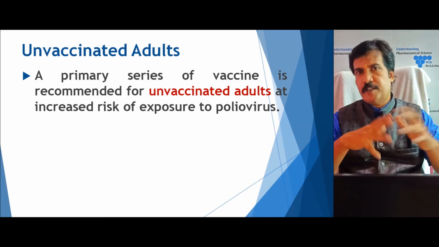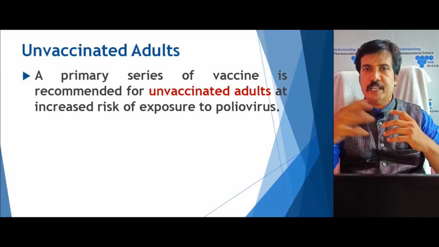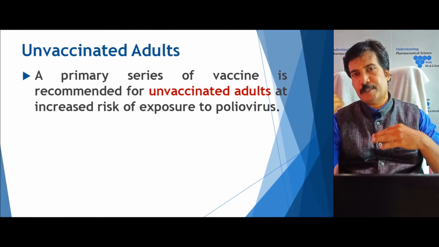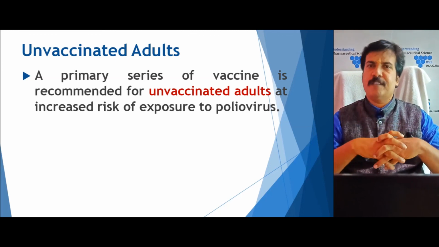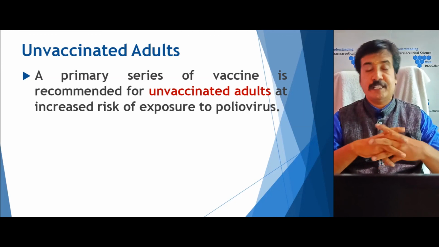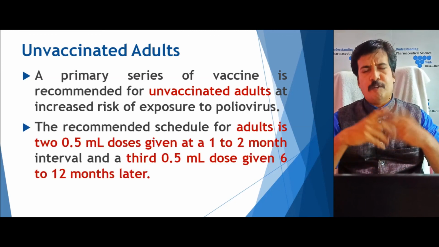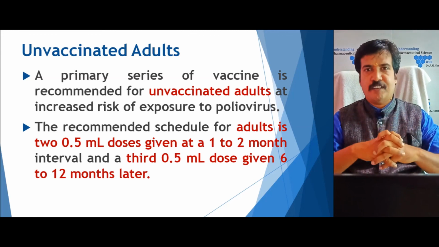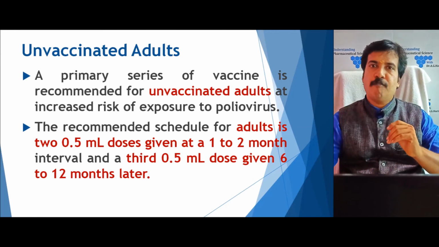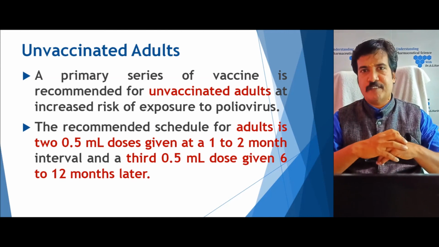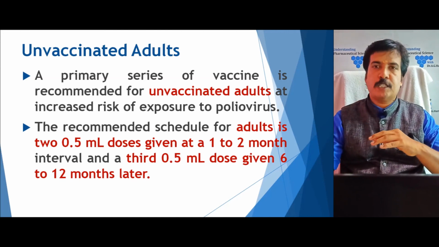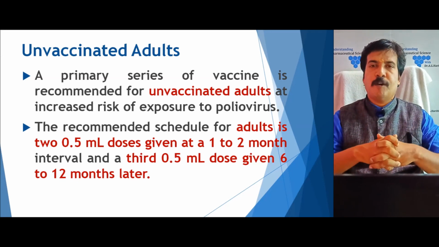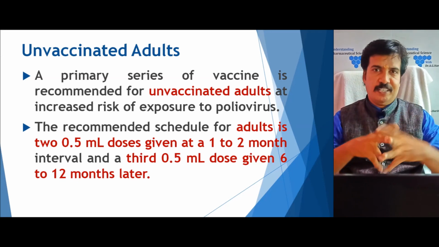We prefer to give it when the person is getting into an area where the polio virus may be in abundance, meaning he may be exposed to the polio virus. Otherwise it is itself problematic. The dosage recommendation is 0.5 ml as the first dose, then after a gap of 1 to 2 months the second dose, then after a gap of 6 to 12 months the third dose. That is more than enough to provide immunity for the unvaccinated individual.